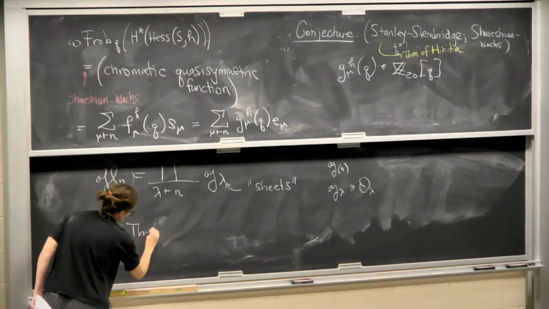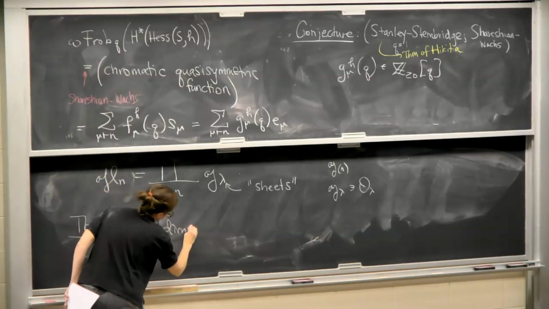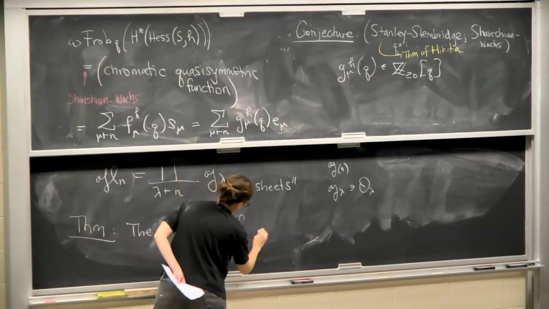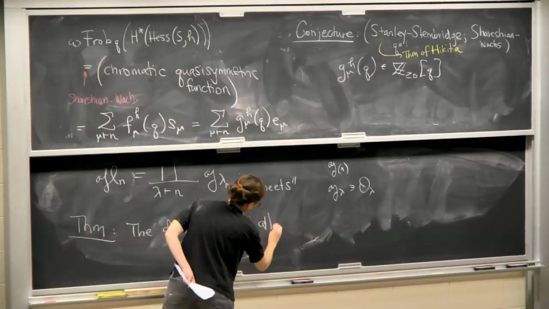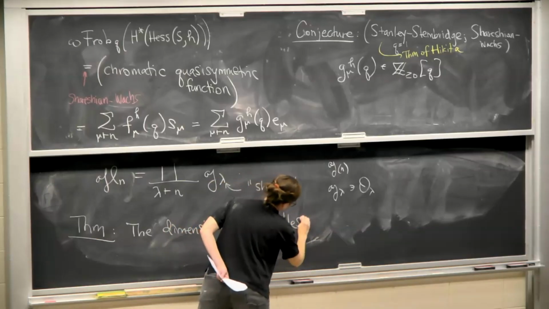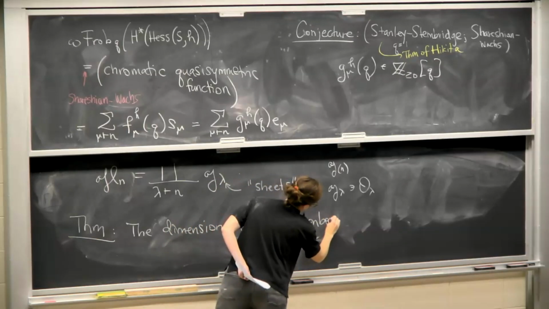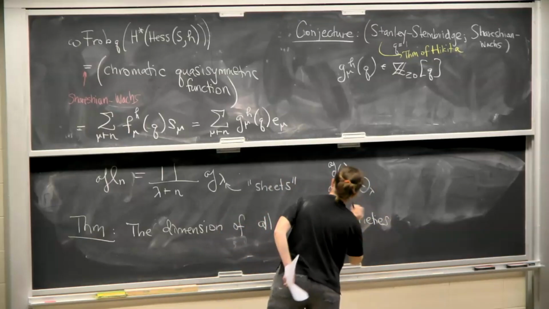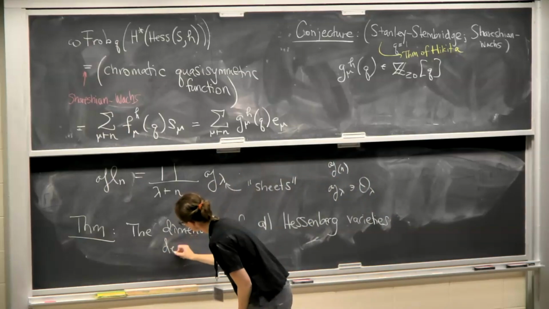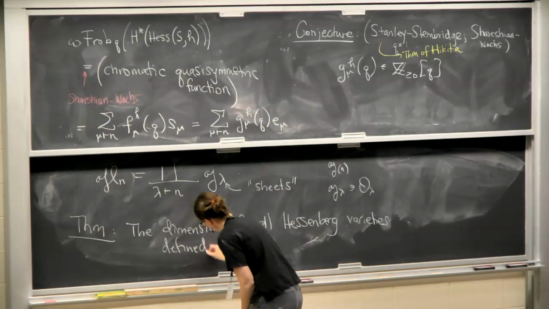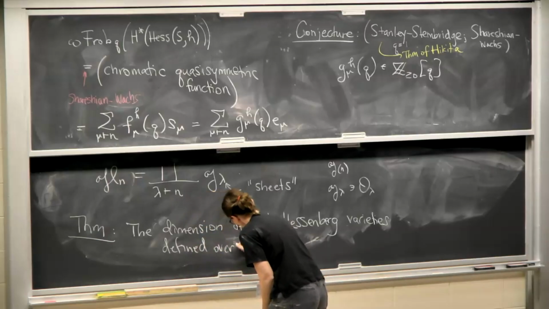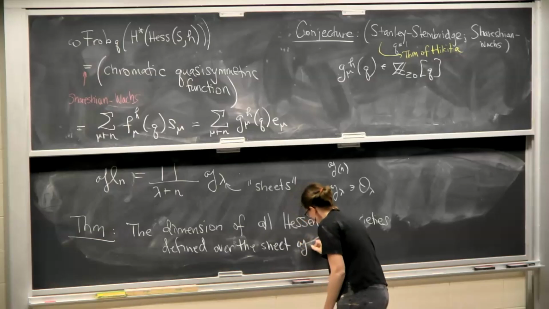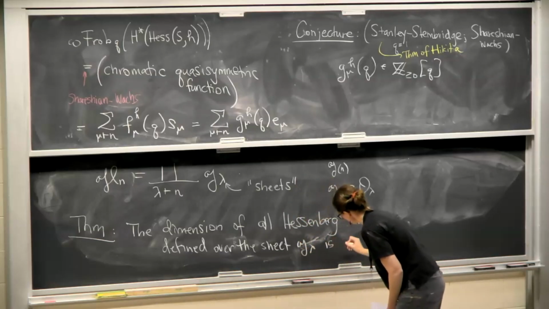So the dimension of all Hessenberg varieties defined over the same sheet G lambda is in fact constant.